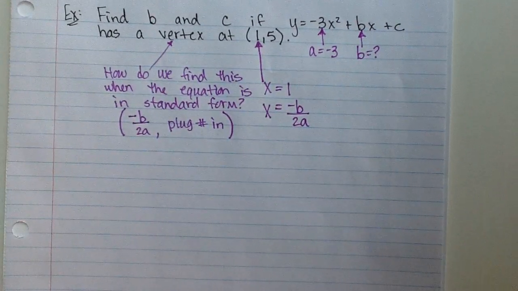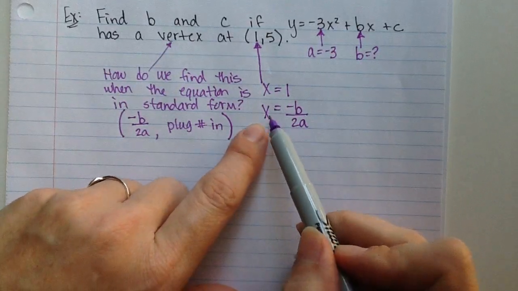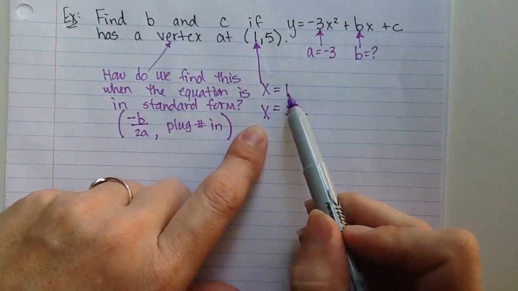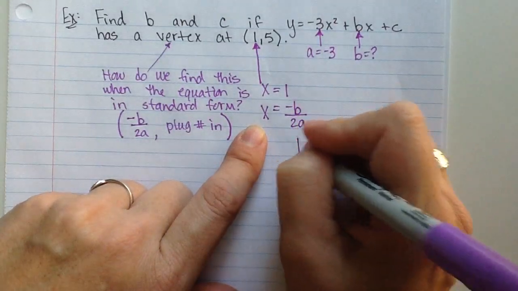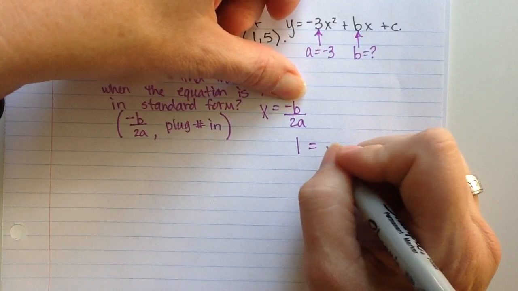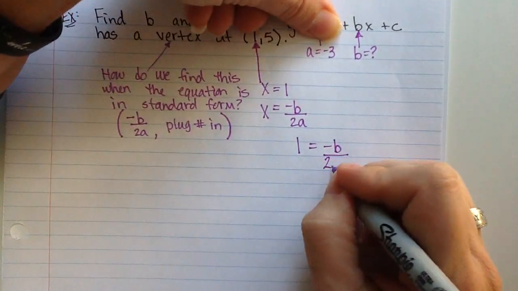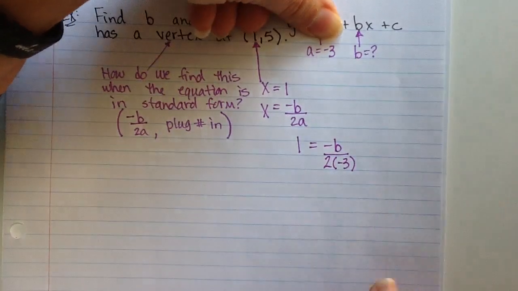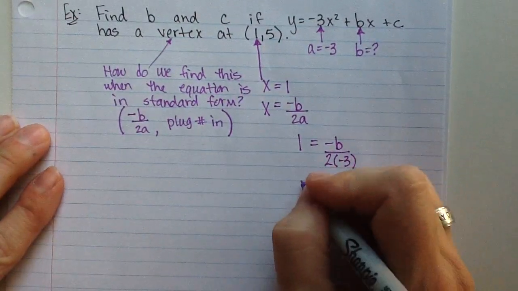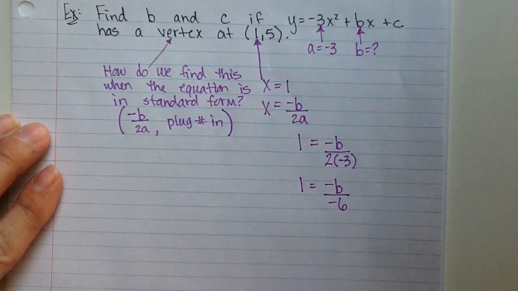So I am going to take my x equals opposite b over 2a, and I'm going to replace the x with the number 1. So I'm going to say 1 equals, I don't know what b is, so I'll have to keep it opposite b. I do know what a is, over 2 times negative 3. So 1 equals opposite b divided by negative 6.